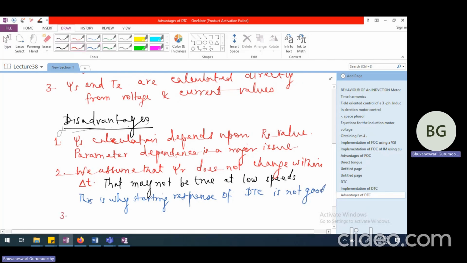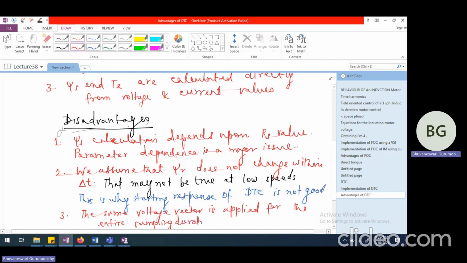Third disadvantage we have to say is the same voltage vector is applied. Once you decide on applying V0 or V1 or V2 or V3, the same voltage vector is applied for the entire sampling duration.